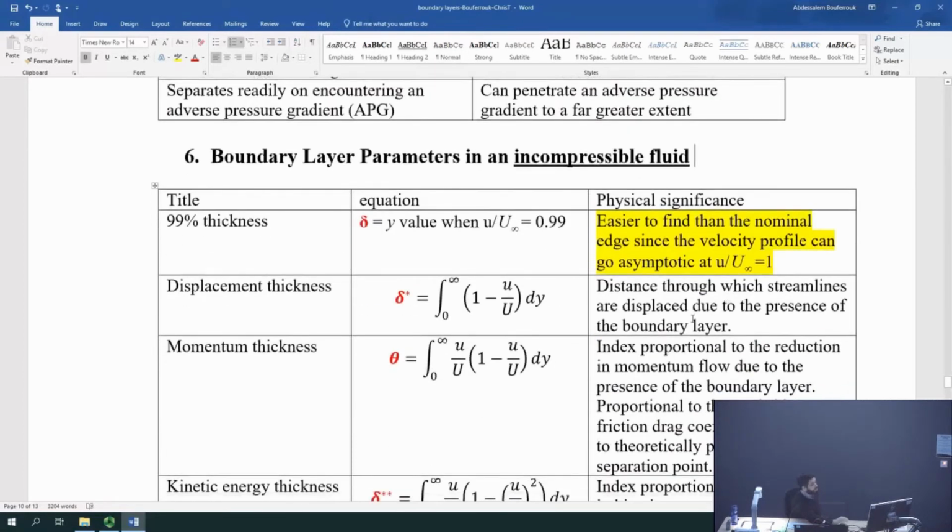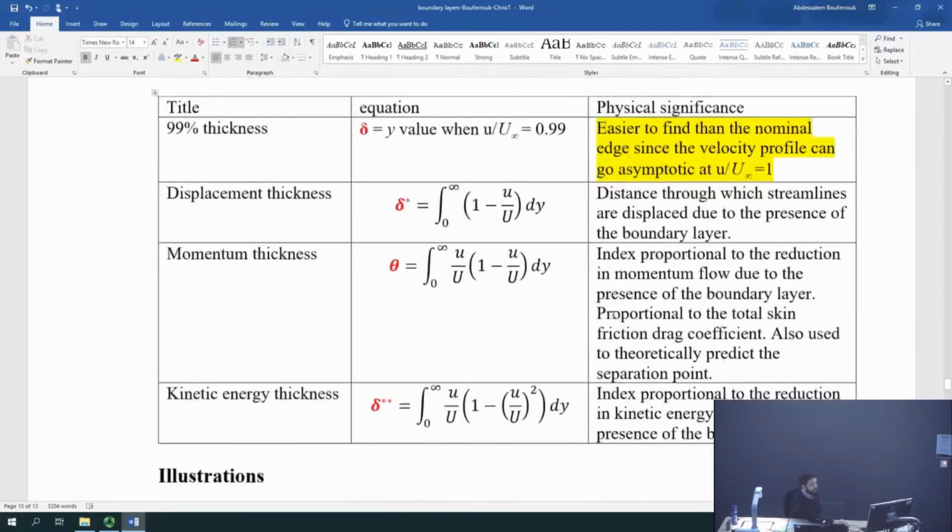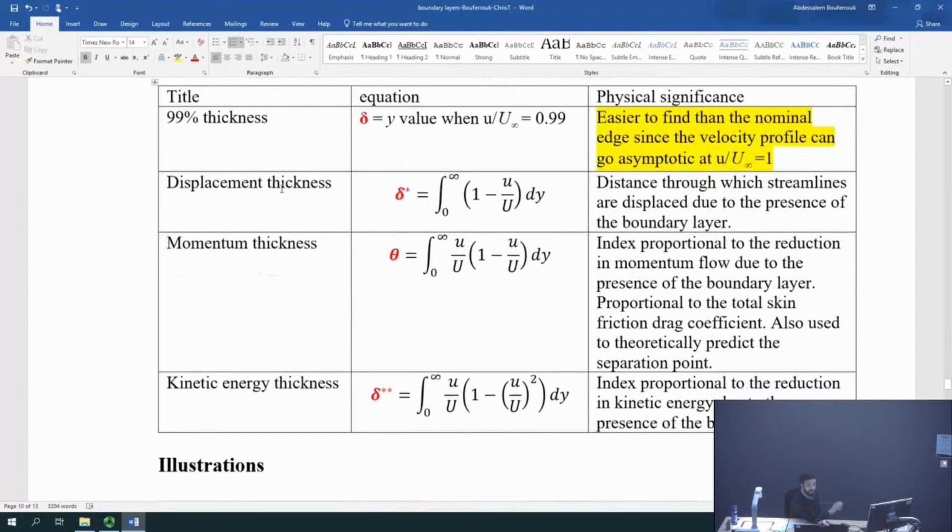Okay, so let's talk about some of the parameters we usually use as engineers in aerospace to describe boundary layers. The first one is the boundary layer thickness. It's basically the height of the boundary layer as it grows along the surface of a wing, for example. We usually define that using the simple delta.